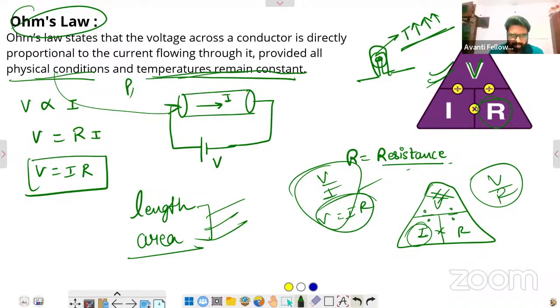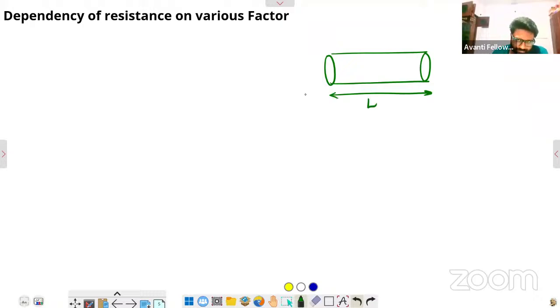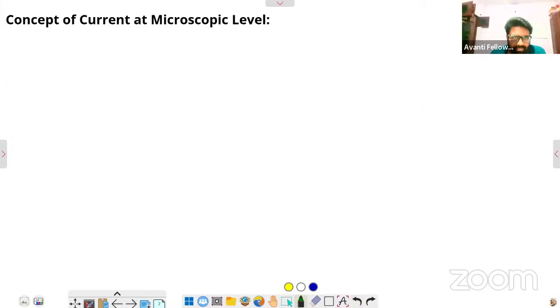Okay. So by physical condition, what do we mean? The length, the area, the shape of the conductor, and temperature and pressure also. Okay. Now, we have studied that this resistance comes out whenever we have a conductor, let's say of length L. So first of all, we will understand the phenomenon of why the current flows, at a microscopic level.